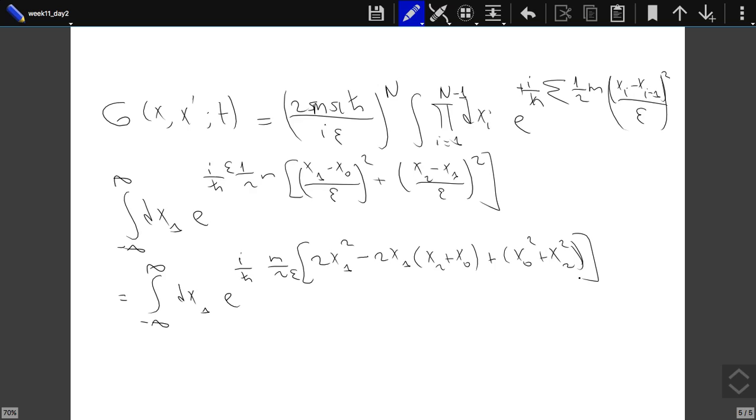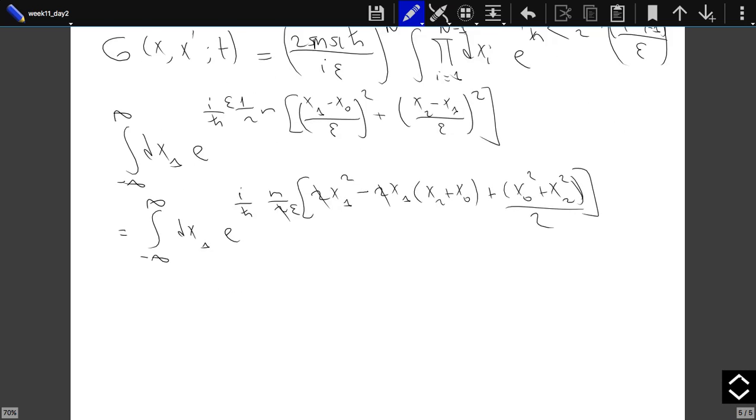Now the x1 squared integral, I can just convert it into a Gauss integral. Let me also cancel these 2's. So the Gauss integral will be square root of pi epsilon h bar over minus im.